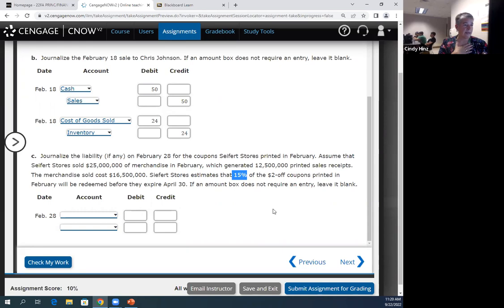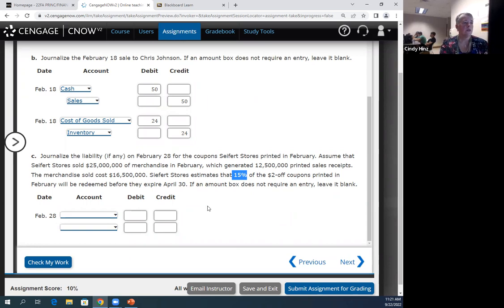From my viewpoint, I don't think they would make the entry that's listed here in Part C unless they were closing their books and reporting, maybe for their quarterly statements. February is not the end of the quarter unless they use something other than the calendar year. However, we are going to do the calculation here and see what this would look like if it was at the end of the period and they needed to report that.